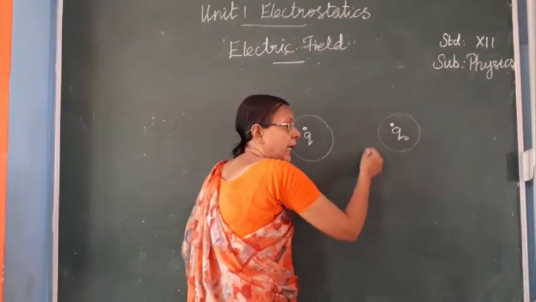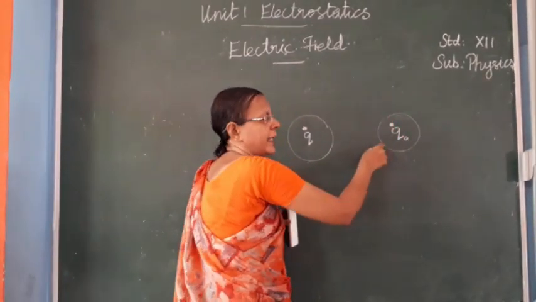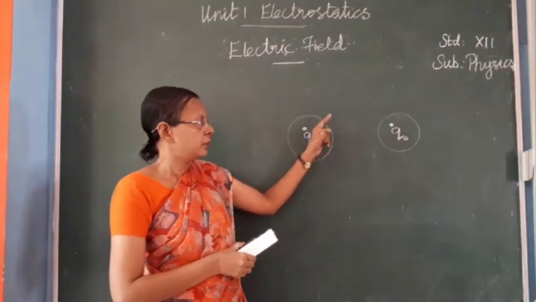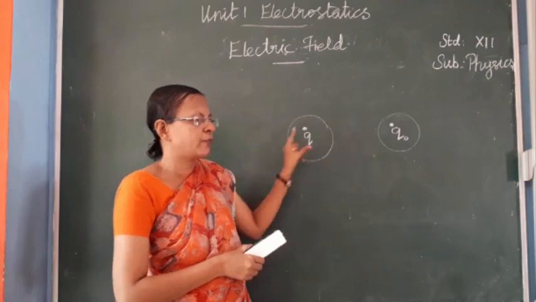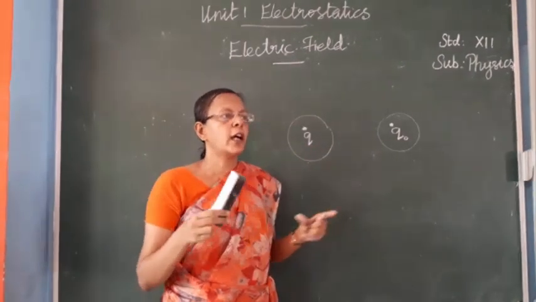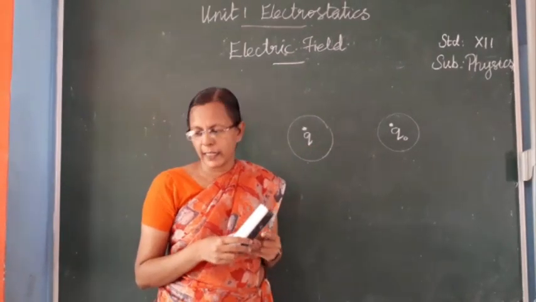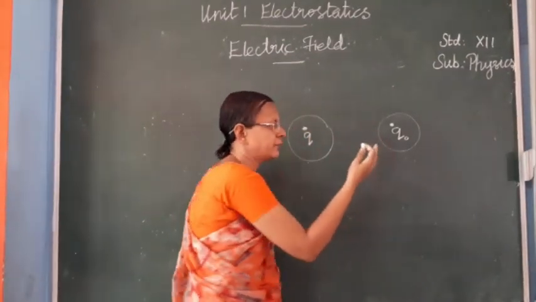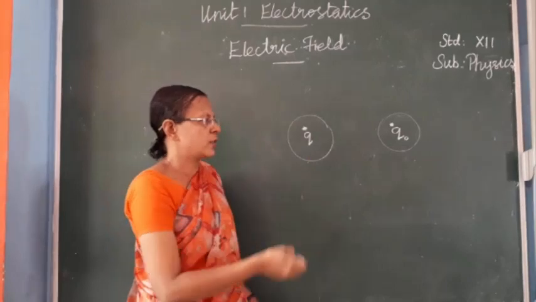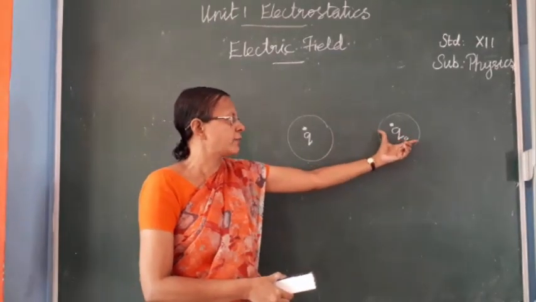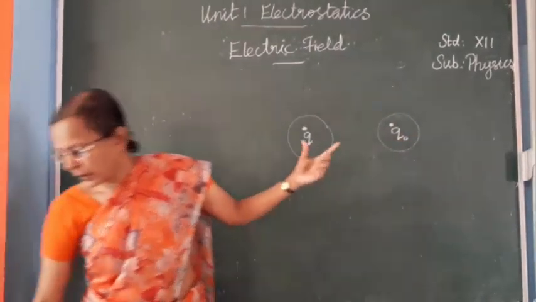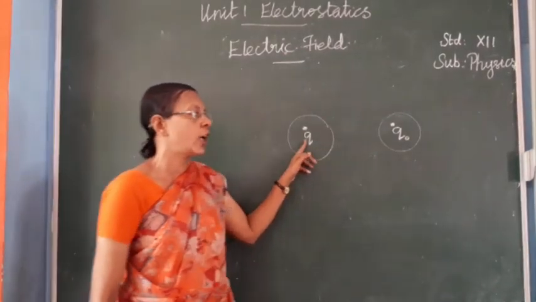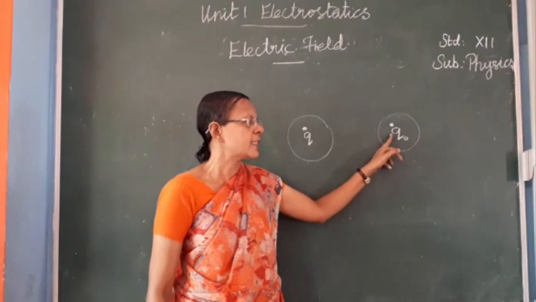When I keep the second charge nearby, it is in the field of the first charge, so they are interacting with one another. The first charge we can take as the source charge, the second charge as the test charge.